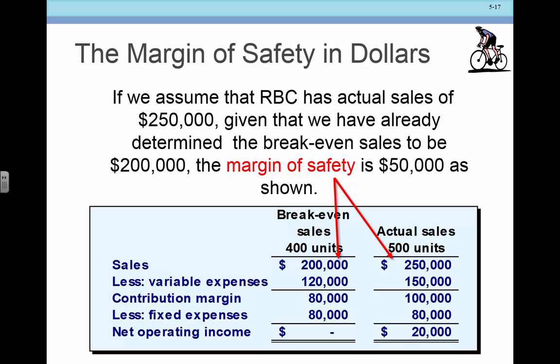What's my contribution margin percentage? We've already done this. We're kind of recalculating it.